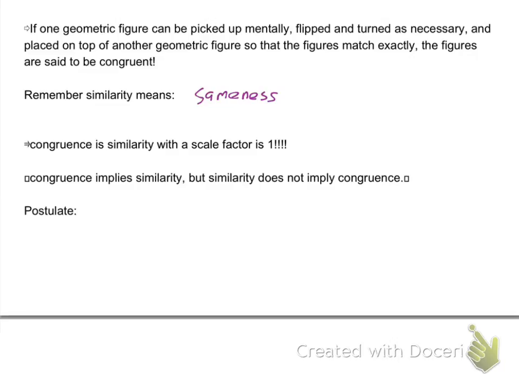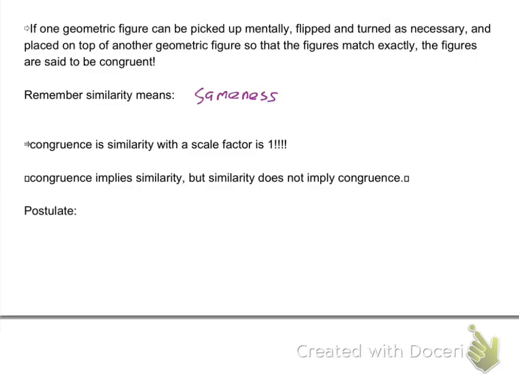But here's the cool thing, guys. I think it was on Friday, we talked about congruency and how it can mean something, but something else doesn't mean it back. But congruency, guys, is similarity. To be congruent, they have to look alike. Makes sense. But here's the cool thing. They have a scale factor of 1.